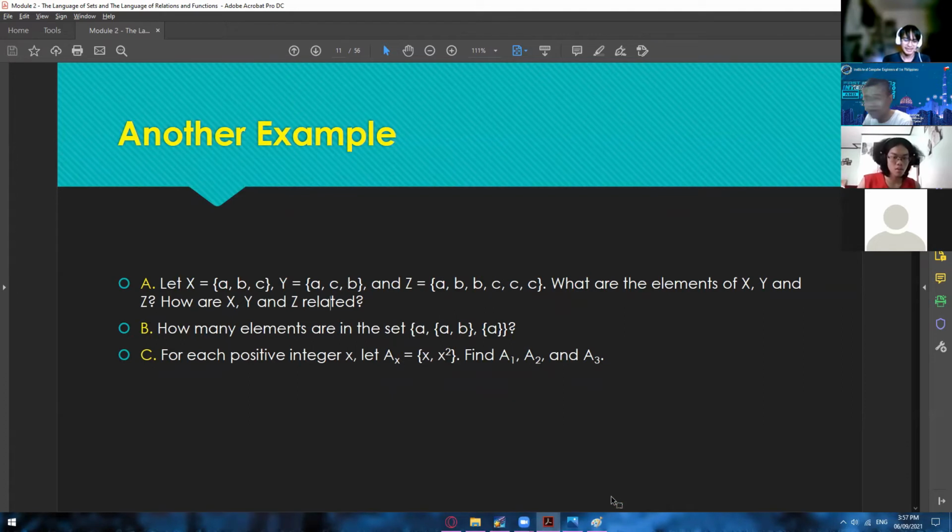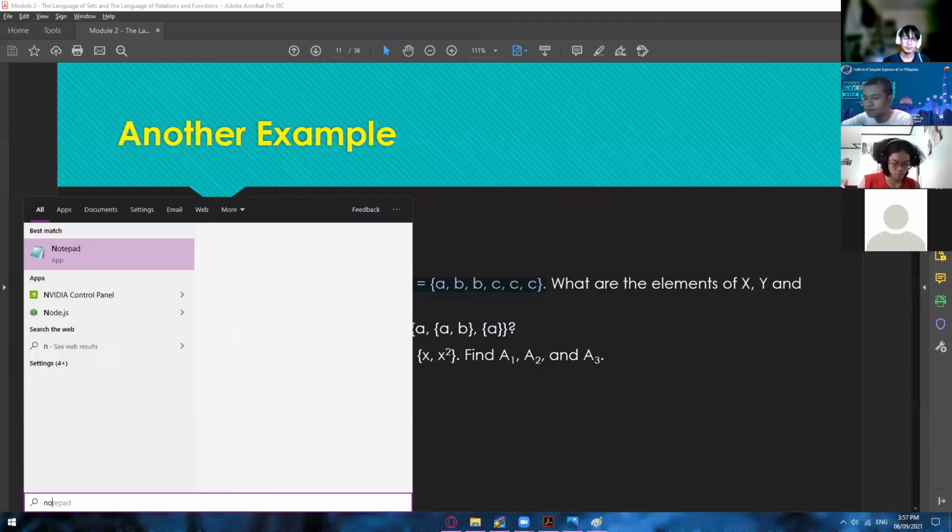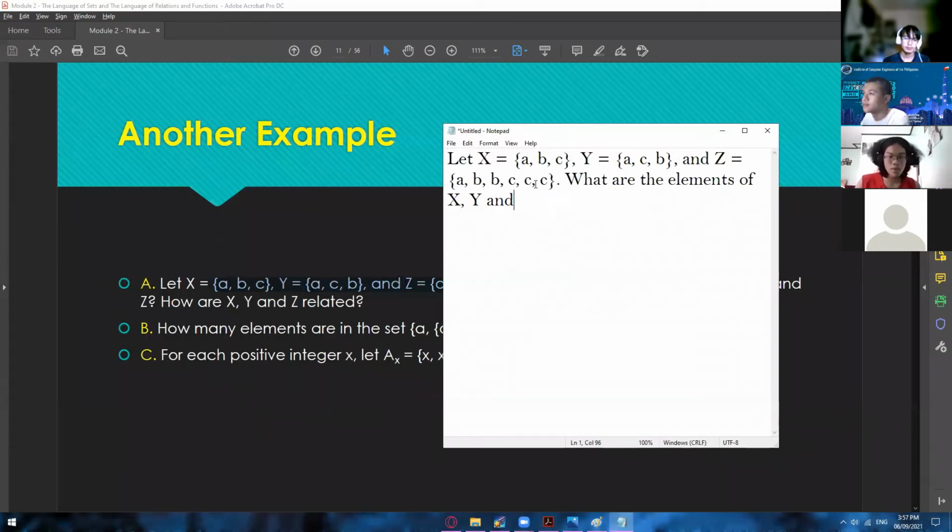To give you the correct process, let's say that we add all of those sets. Here we have a, b, c, followed by the elements of Y, a, c, b, followed by the elements of Z, a, b, b, c, c, c, c.